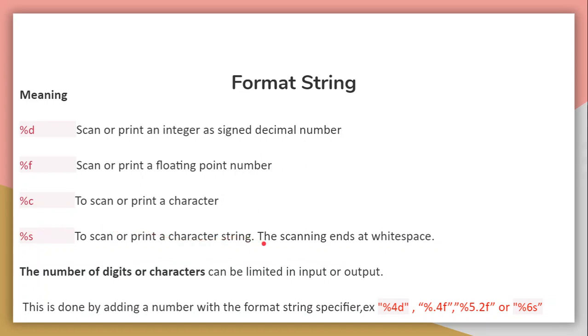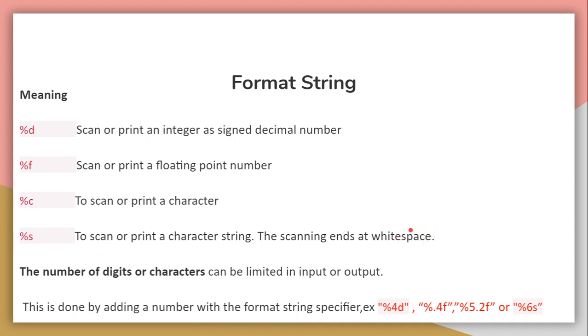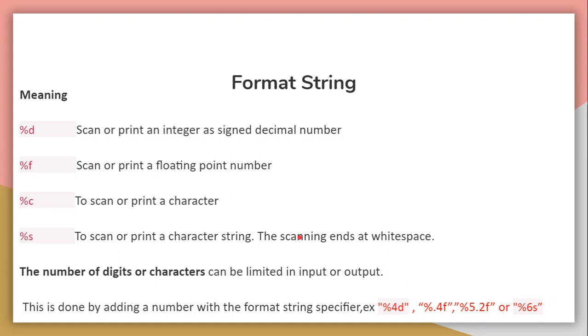You can also see that the scanning ends at a white space. That means when using string functions, if you type a space, the input is over. If you leave a space, the system will assume that is the end of the string.